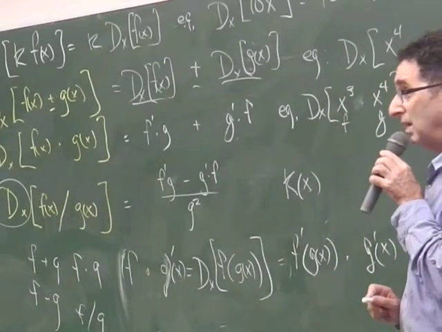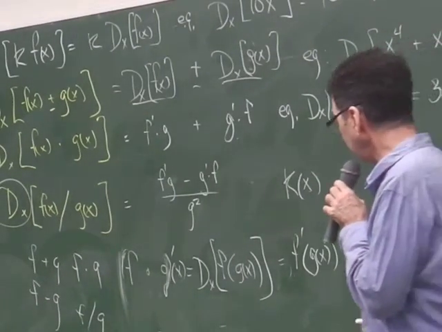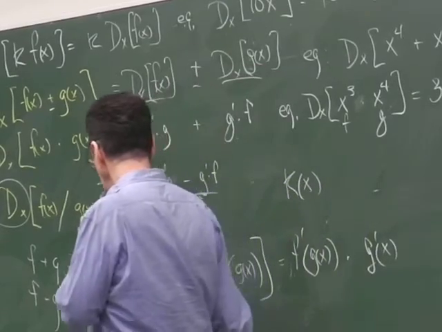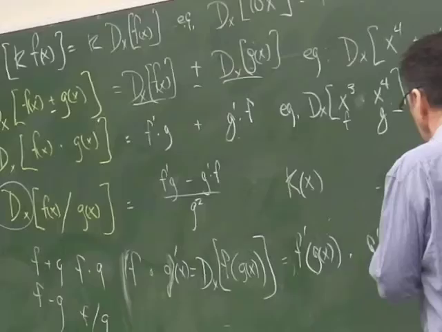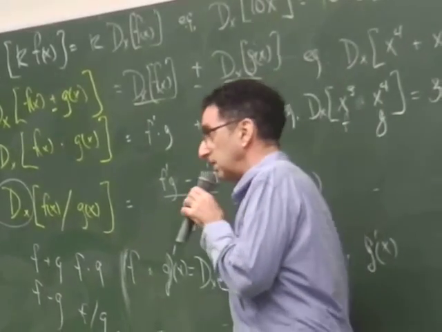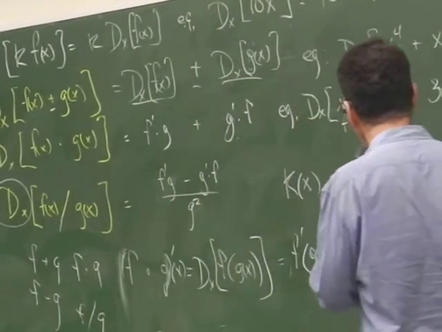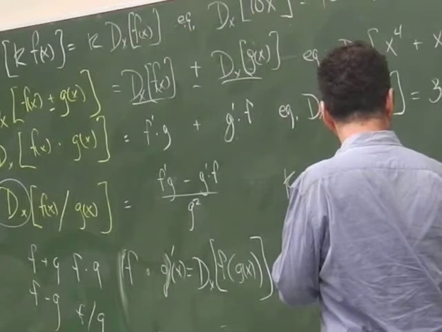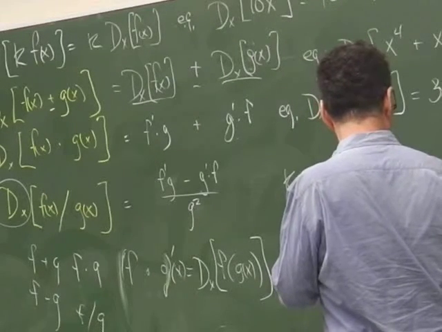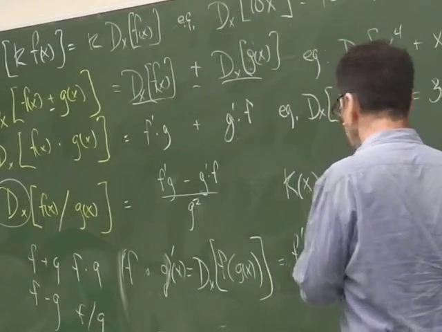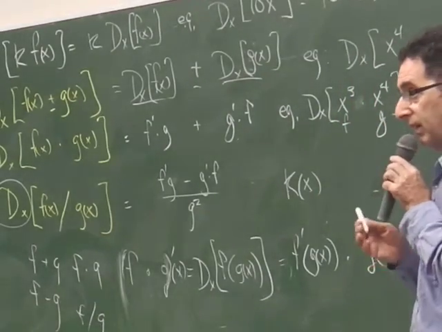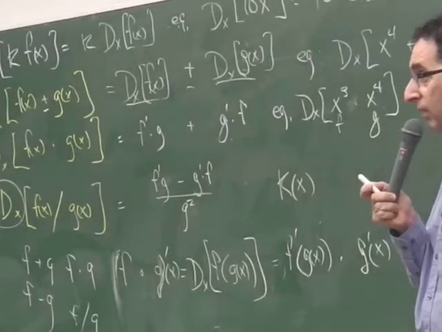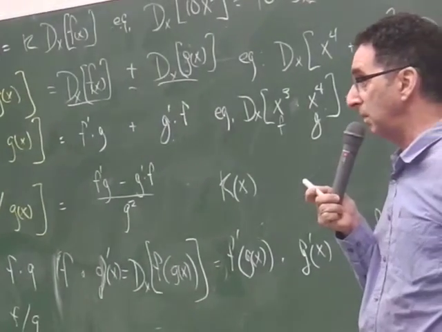Okay, now let's do an example of this one. This one is maybe a little more interesting. Suppose that f is equal to the square root of x, which can also be written as a power.